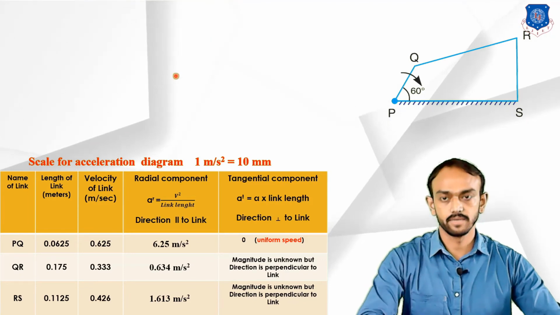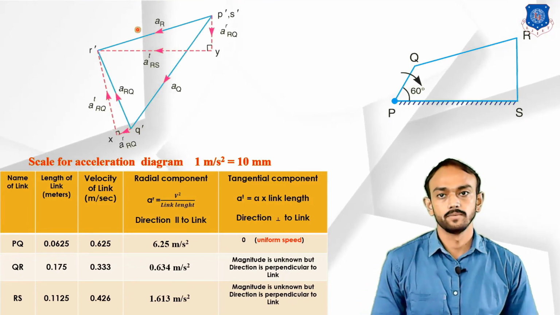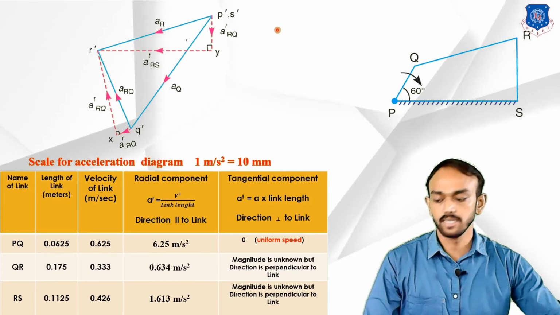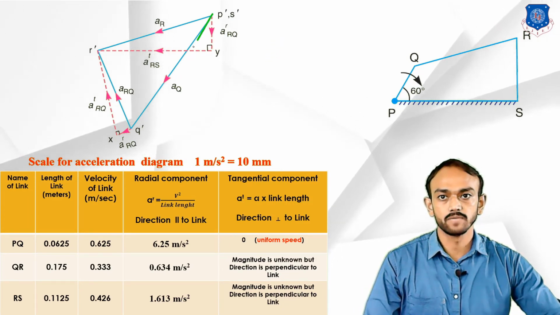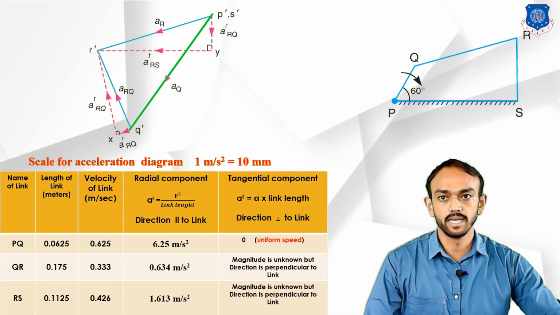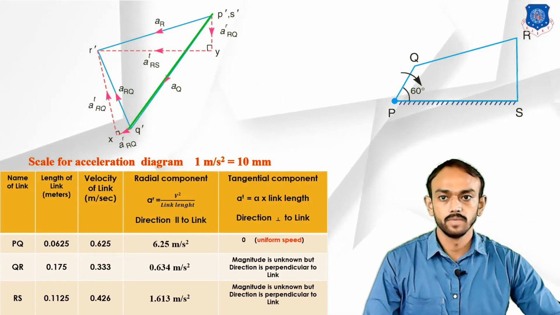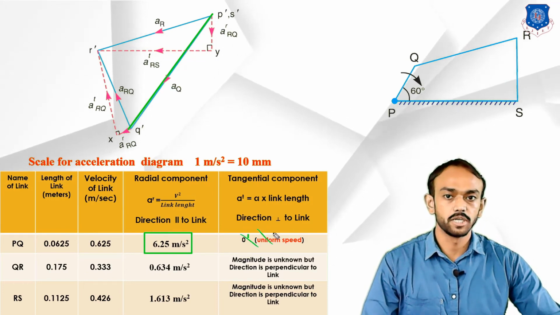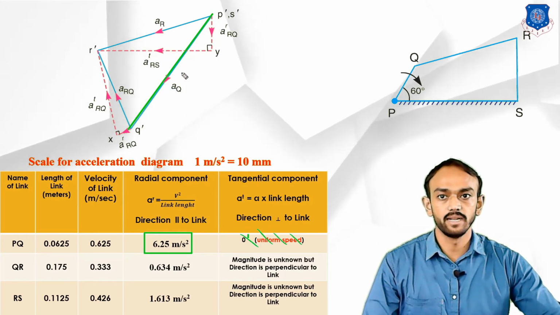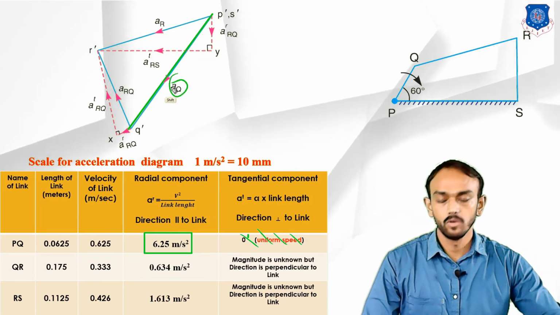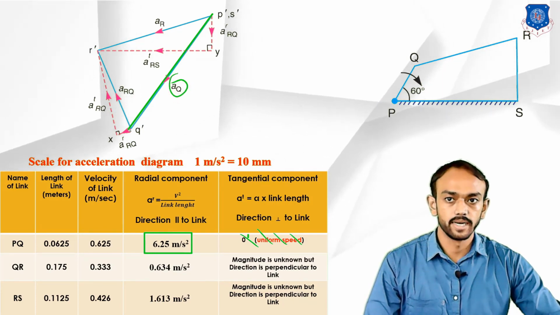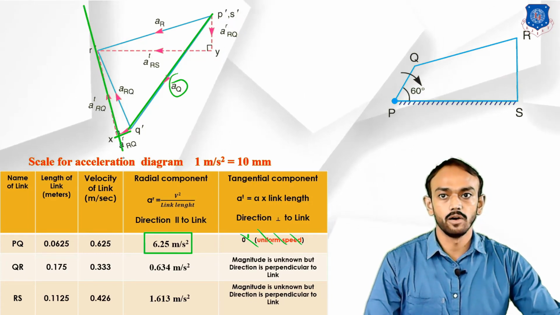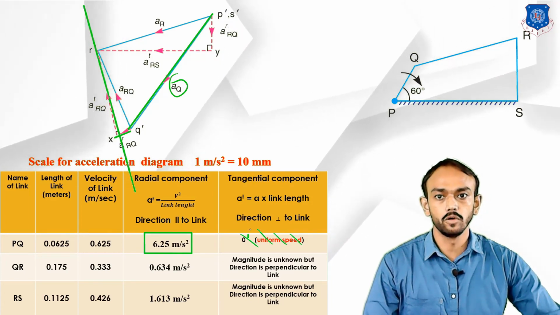Let's check this figure. So what we have done here, I will quickly revise. First we make this radial component from the given data. There is no other tangential component, so this will be the final acceleration. Now we take the radial component and then the tangential component with an extra length, because we don't know the magnitude.